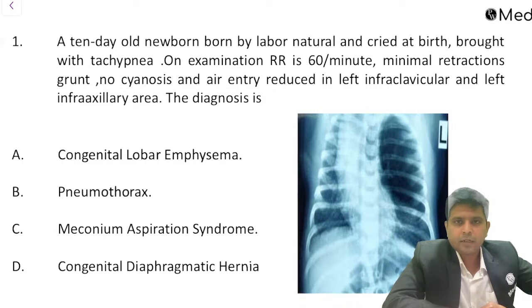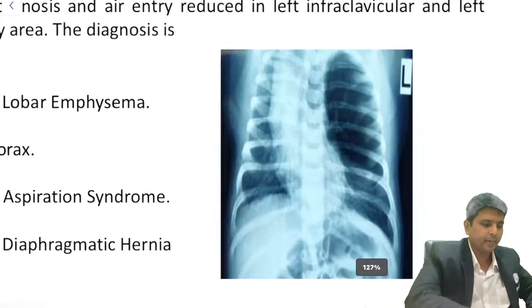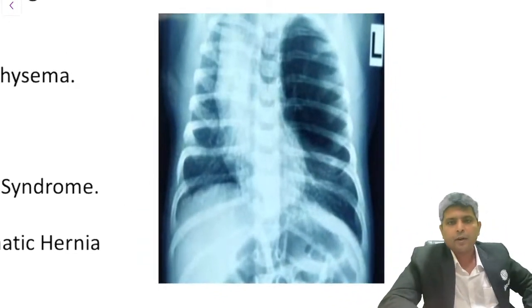On examination, respiratory rate is 60 per minute, minimal retractions, no grunting, no cyanosis, and air entry reduced in the left infraclavicular and infraaxillary area. The X-ray is shown here. The diagnosis is 1. Congenital lobar emphysema, 2. Pneumothorax, 3. Meconium aspiration syndrome, 4. Congenital diaphragmatic hernia. So this is the X-ray you are going to discuss.